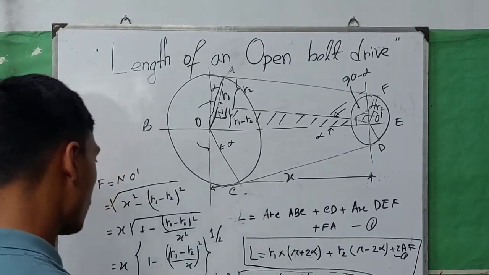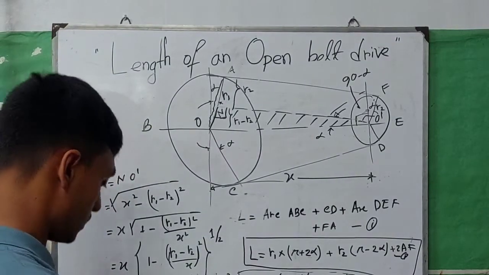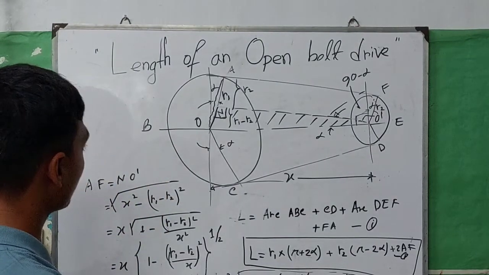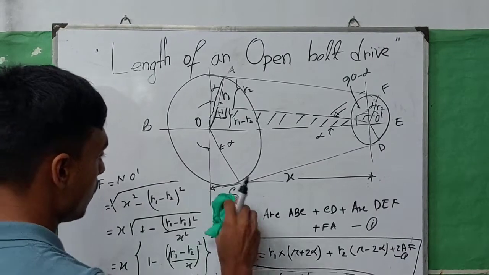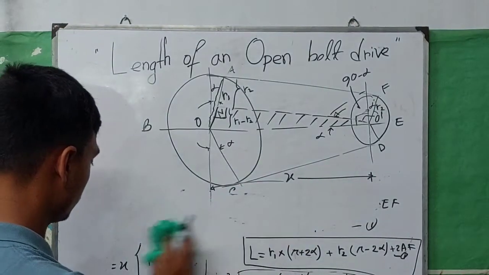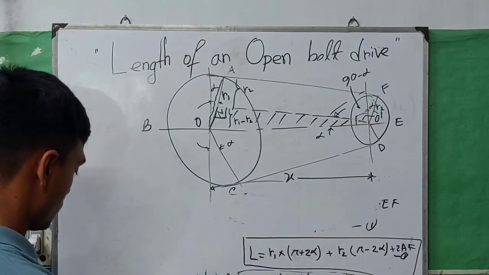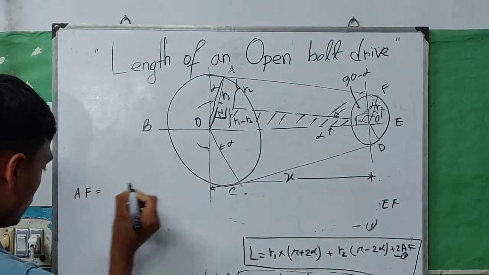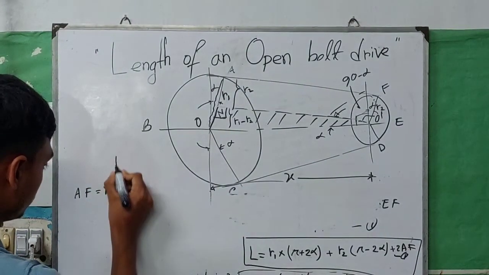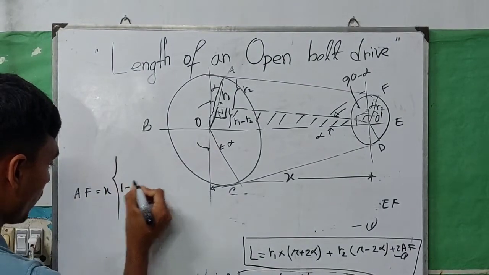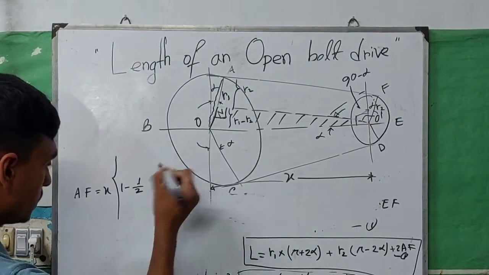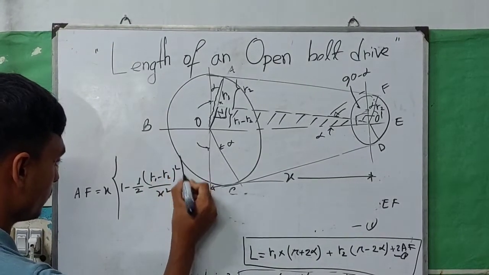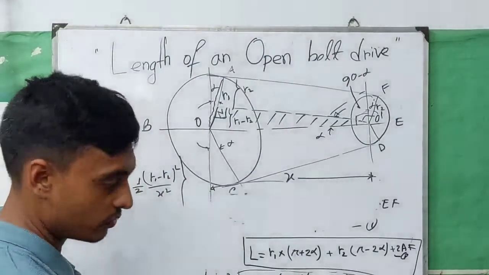So now the length AF equal to x times 1 minus 1 by 2 (R1 minus R2) square by x square. This is our final length of AF.